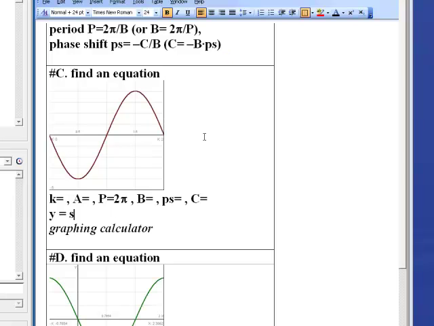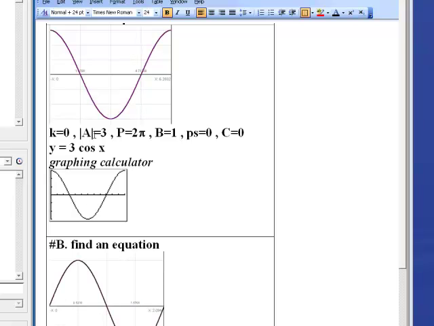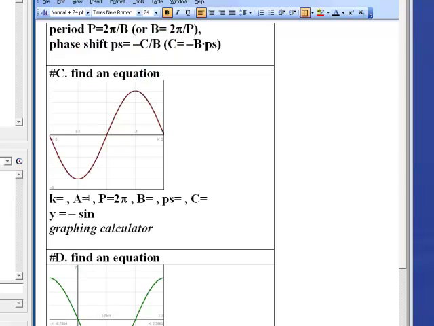Since it starts at its 0 line, it should be a sine. It's actually upside down, so it's reflected, so it's a negative. I will insert the absolute value signs here for the a later on. Well, maybe I'll do that right now. I must have forgotten them when I prepared this problem section.